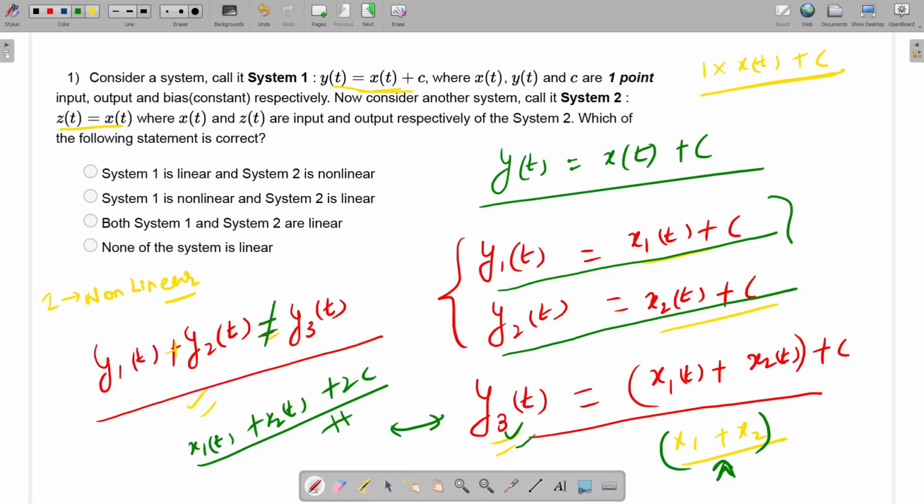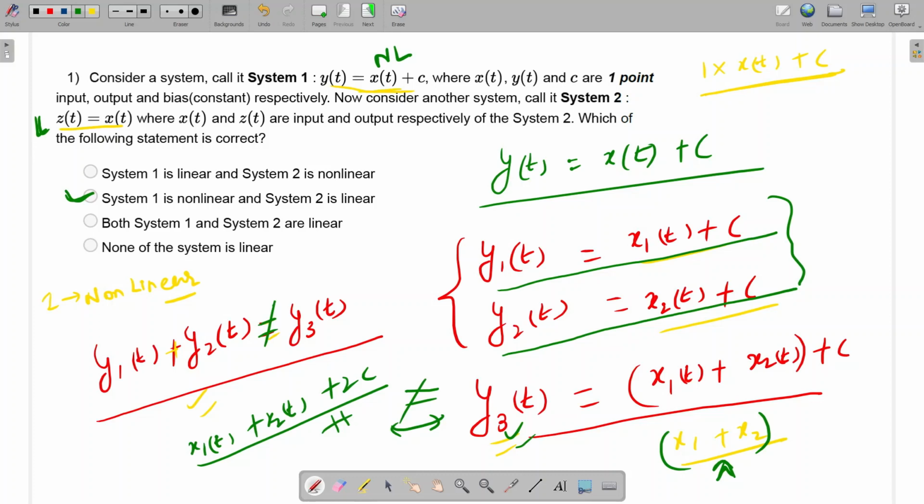Now we add y1 and y2 and equate with y3. Here y1(t) + y2(t) is x1(t) + x2(t) + 2c, however y3(t) is x1(t) + x2(t) + c, which is not equal. So system 1 is non-linear, and system 2 is linear. So which option is correct? Option B is correct. Is it clear to all?